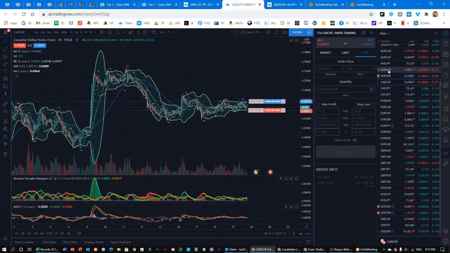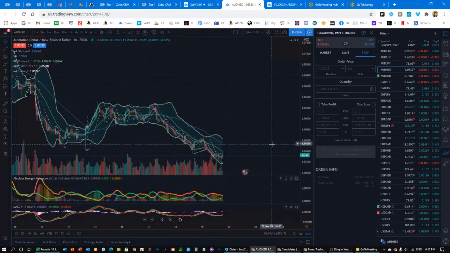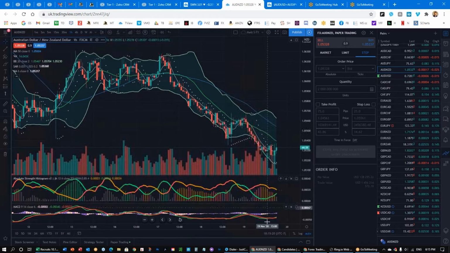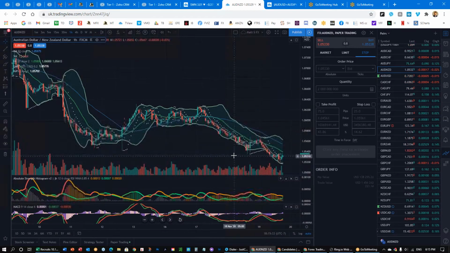But let's go to the Aussie Kiwi, and we saw that the Aussie was spiking, and you can see that here in the histogram. We're getting conviction of buying. Sellers are losing their interest. The MACD is forming, but it really hasn't reached any significant level.